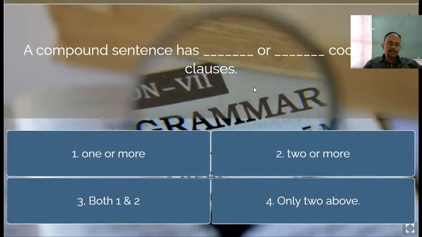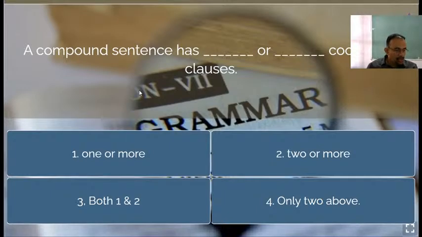A compound sentence has dash or dash coordinate clauses. Dear students, let me tell you, suppose I like this man because he is honest. So this is also an example of a compound sentence. Why? Because I like this man is independent in itself.